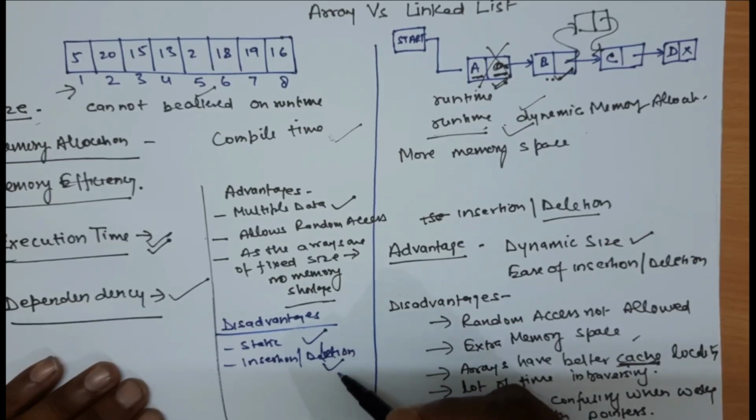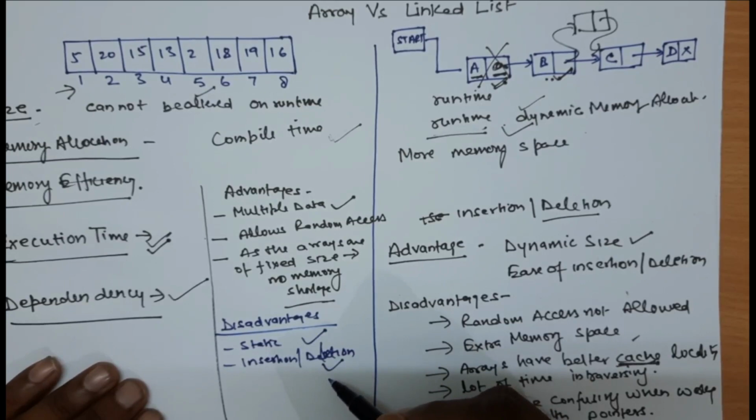Insertion and deletion operations are difficult in the case of the array data structure, as the elements are stored in contiguous memory locations, and we are required to shift all the elements during the insertion and or deletion operation, which is a computationally intensive process.